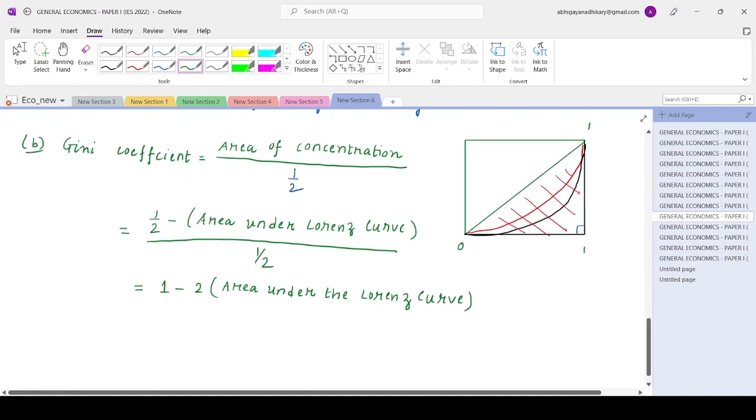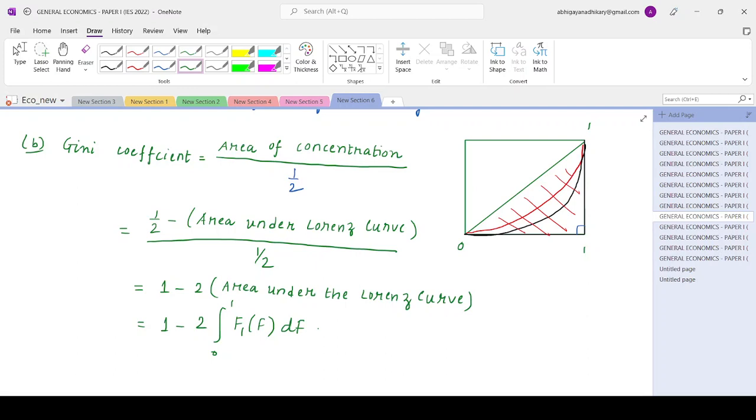If you have data, you can calculate the proportions and get to it. If you have a theoretical income distribution, then you find the area, which will be the integral from 0 to 1 of f1 df. So this is how you can directly obtain a Gini coefficient from any given income distribution, or if you have data, you compute the proportions in a similar way and use appropriate measures.